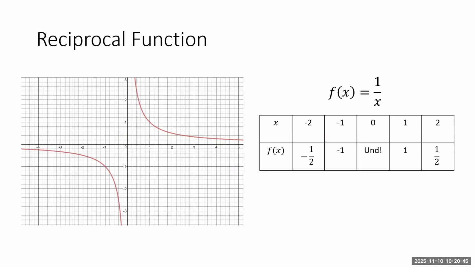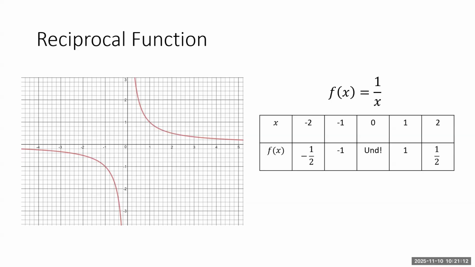Here I have the reciprocal function. The function graphed is a reciprocal function which has 2 curved lines with a horizontal and a vertical asymptote at y equals 0 and x equals 0 respectively. The equation given is f of x is equal to 1 over x, or 1 divided by x.